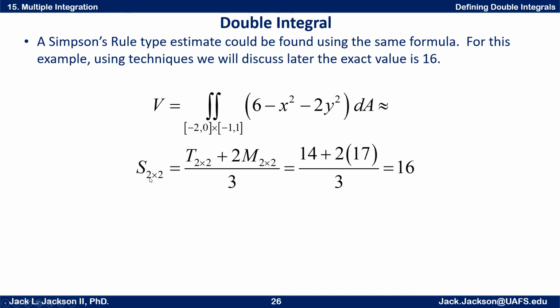Although I guess some people might call this 4x4. And that was 14. This was 17. 14 for the T estimate. That was the average of the ones at the 4 corners. Using the one at the midpoint was 17. Work those out and it's 16. Turns out, we'll see later on, that this is exactly 16, as we'll discuss a little bit later in the video.